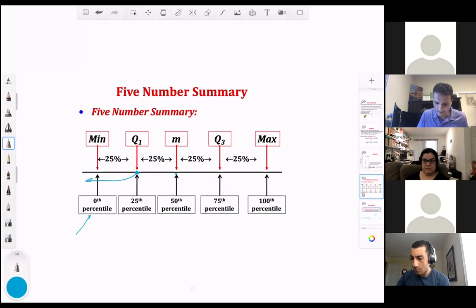If your point is there, you're above 50%. This is 75%, and that's 100%. If you got 100%, that means your grade is above 100% of all the other data.